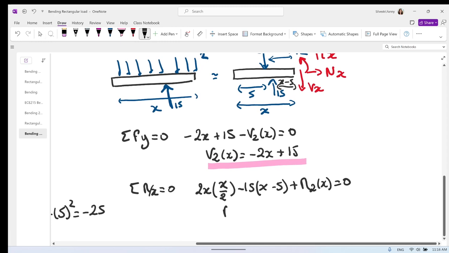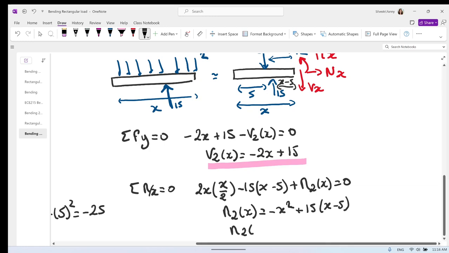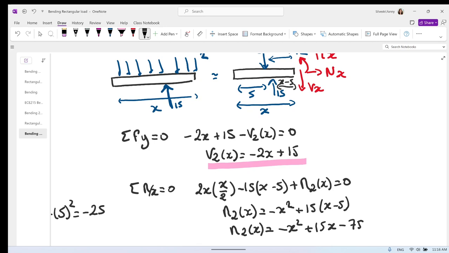So we get M2 of x equal, we switch the sides, so minus x squared plus 15 times x minus 5, that we can write minus x squared plus 15x minus 75.